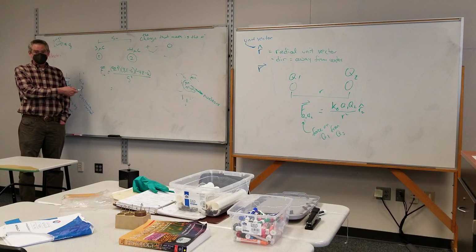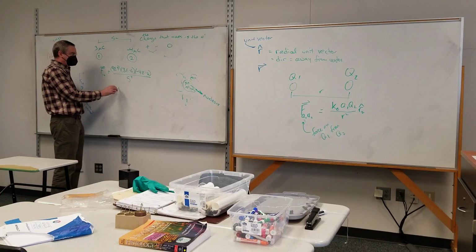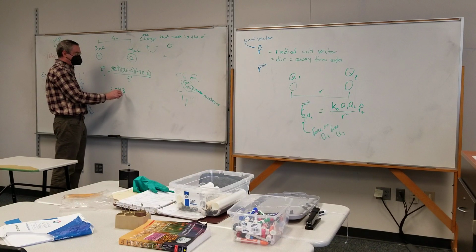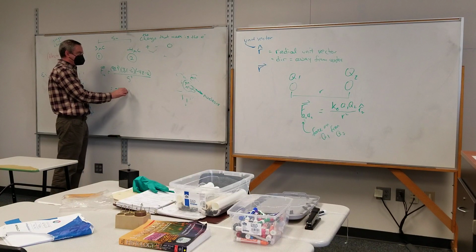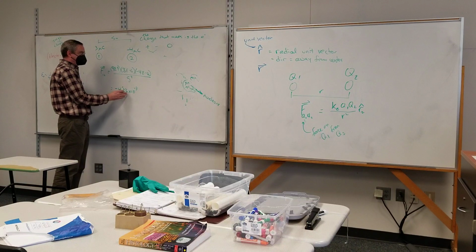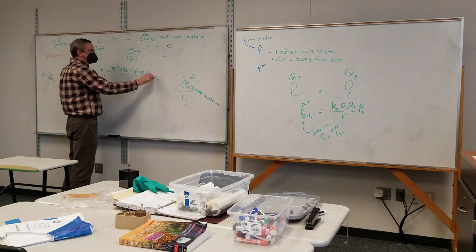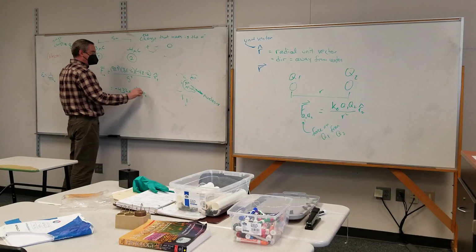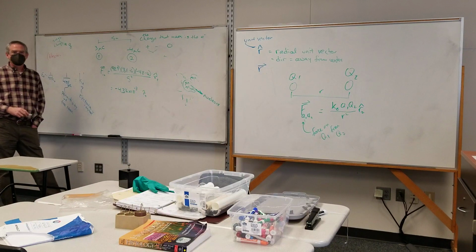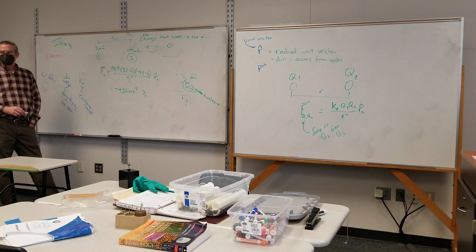Anyone? I got negative 4.32 times 10 to the negative 3. Negative 4.32 times 10 to the negative 3? Yep. That's what I got. Units? Think about what we found.